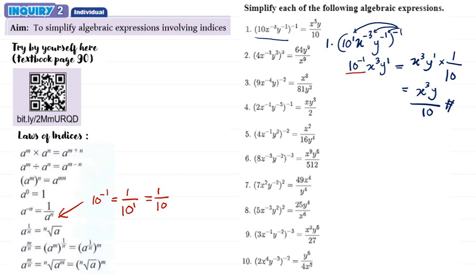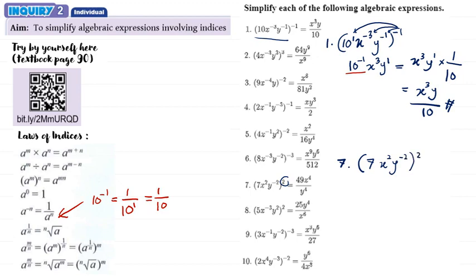While for question number 7, similar to the first question, you need to multiply the 2 here. As I told you before, the question stated 7 x power of 2, y power of negative 2, all to the power of 2.